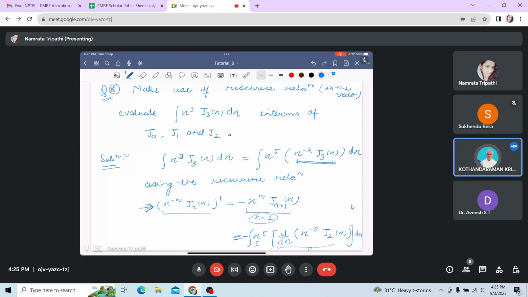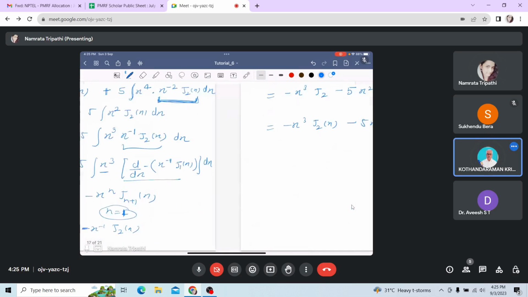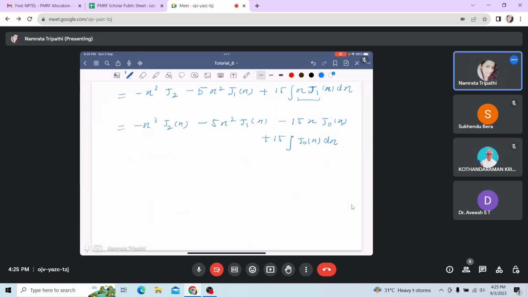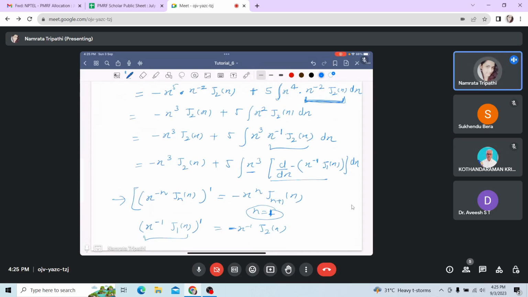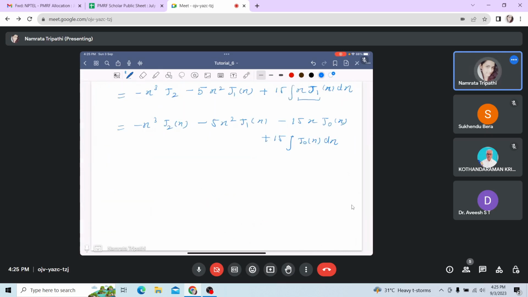Madam, please show the last step, madam. Okay, the last step. So you have to use this recurrence relation again, because here, okay, I'm going to write the recurrence relation again. So what will be the value of the integral?